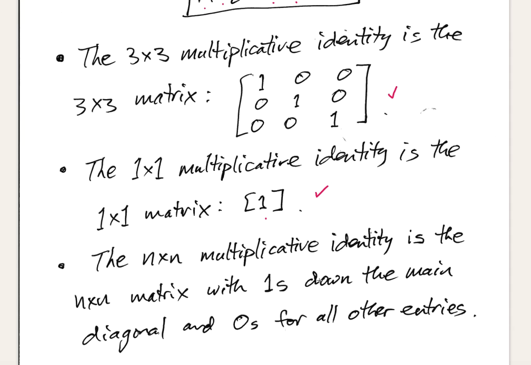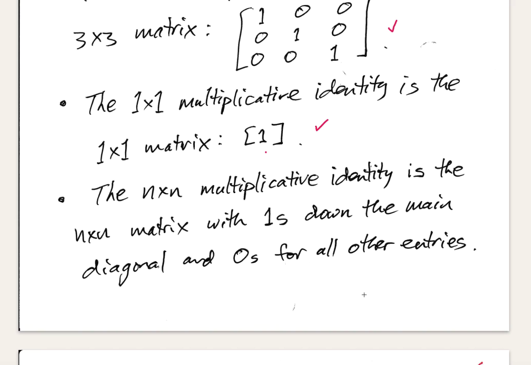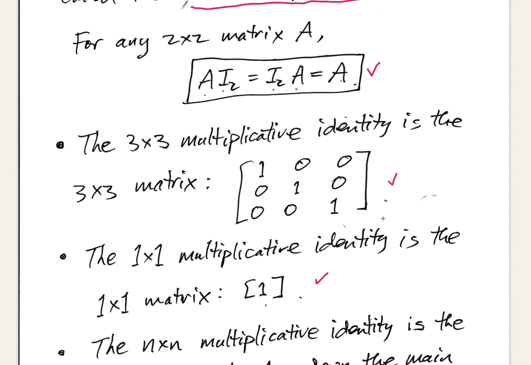What's the n by n multiplicative identity? I'm being general here. It is the n by n matrix with 1s down the main diagonal and 0s for all other entries. Now, the main diagonal is this: starting in the upper left-hand corner, like reading a book, go down diagonally to the lower right-hand corner, and those elements are the main diagonal elements on a square matrix.